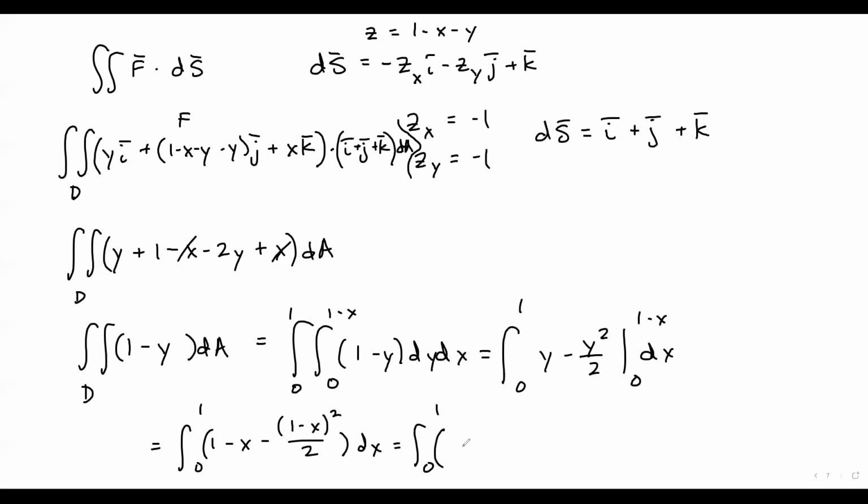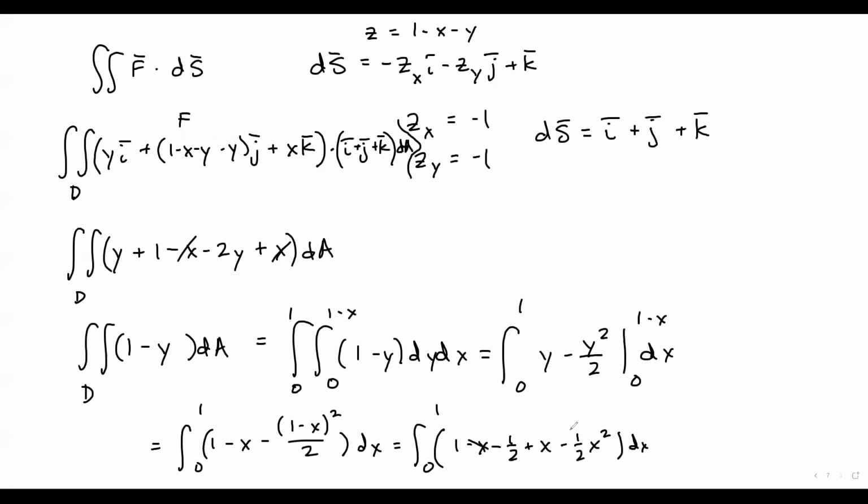If you square this out, we're going to have negative 1/2 for the first piece, then negative 2x over 2 for the next one, plus 1 plus x, and then finally we're going to have minus 1/2 x squared dx.